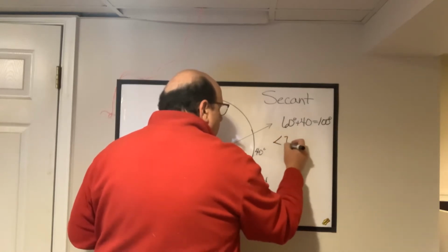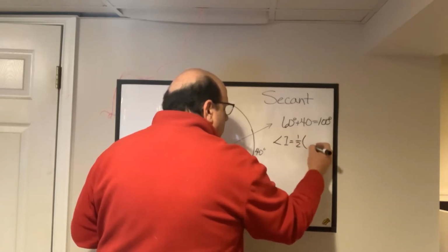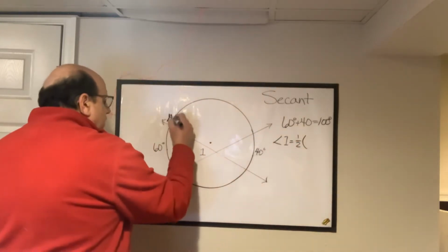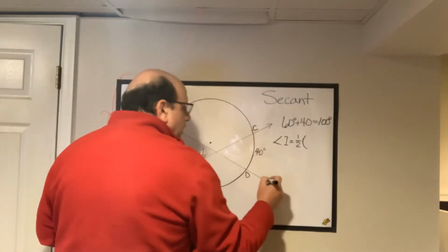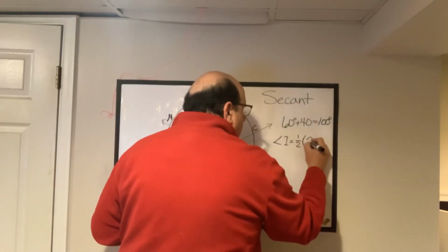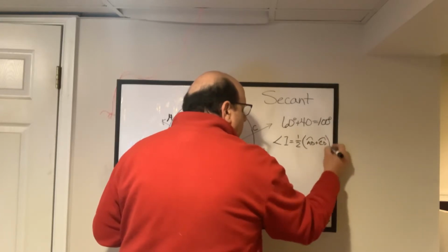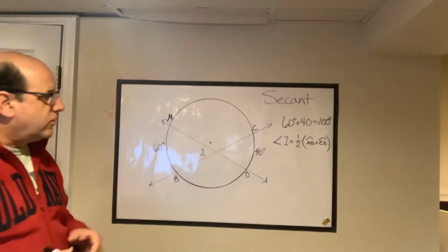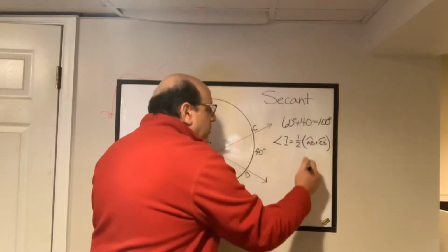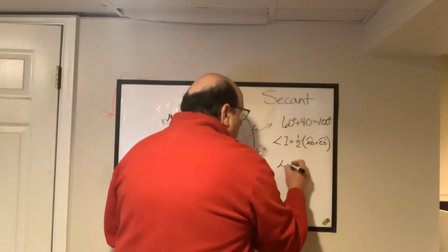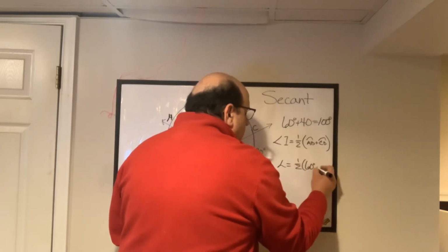So angle 1, here's the actual formula. Angle 1 is equal to 1/2, and I'll call these points A, B, C, and D, 1/2 arc AB plus arc CD. And there's the formula. Very simple idea. I know my sum is 100, so angle 1 is equal to 1/2 of 60 plus 40.